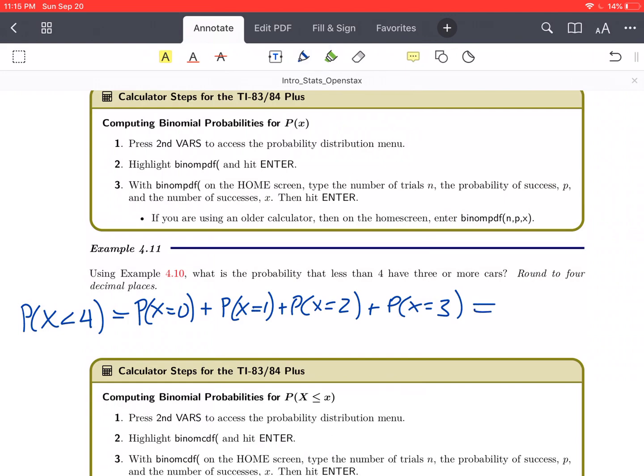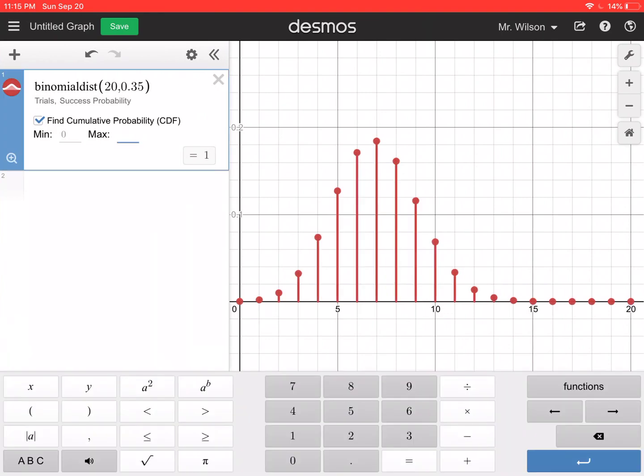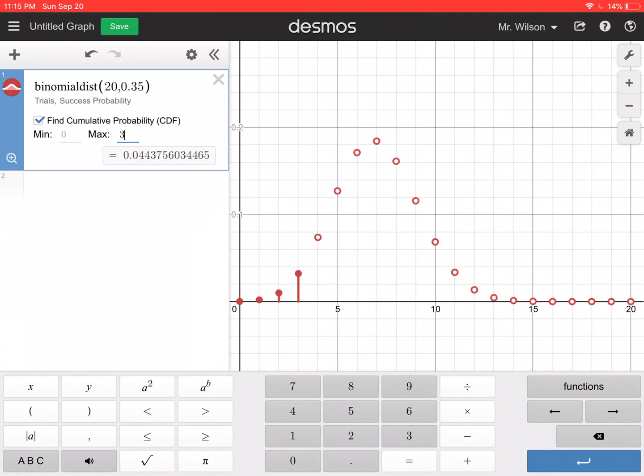Now we can look at this on Desmos. Of course we could do it by hand, but then we'd have to use that formula 4 times in a row, and that would just be kind of tedious. So we're trying to get the value for less than 4, so that's going to be just up to 3. Notice if I put in the minimum of 0, maximum of 3, we go up to 3, everything less than 4.